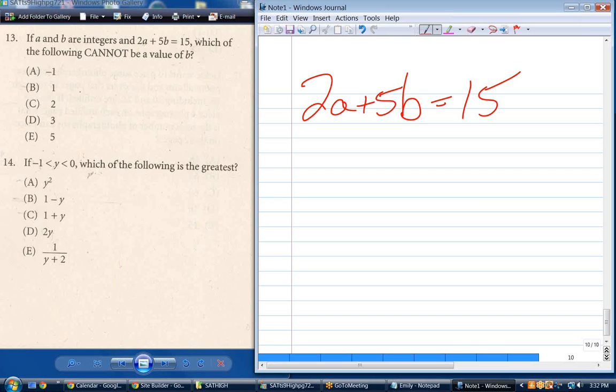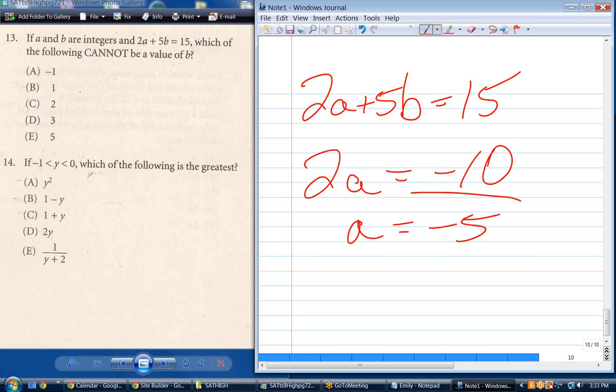B cannot be 5. If B were 5, we would have this, right? It's plus. It just says integers.